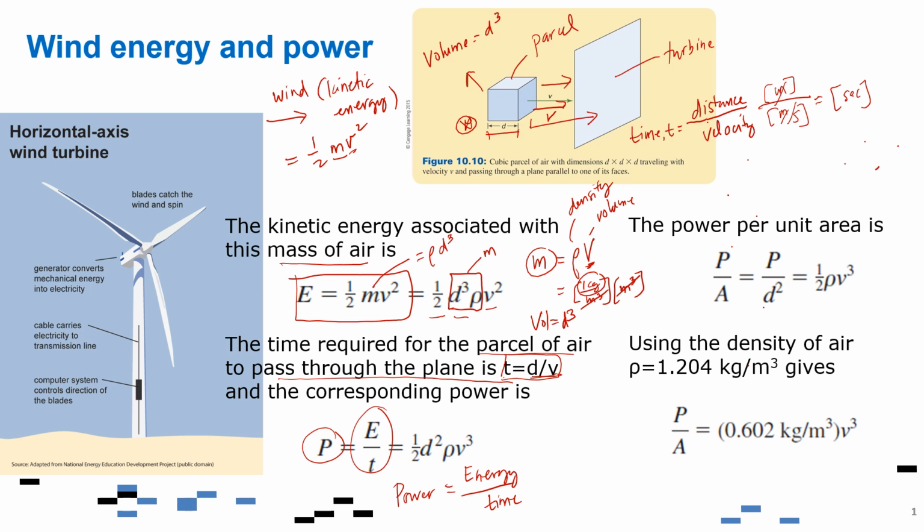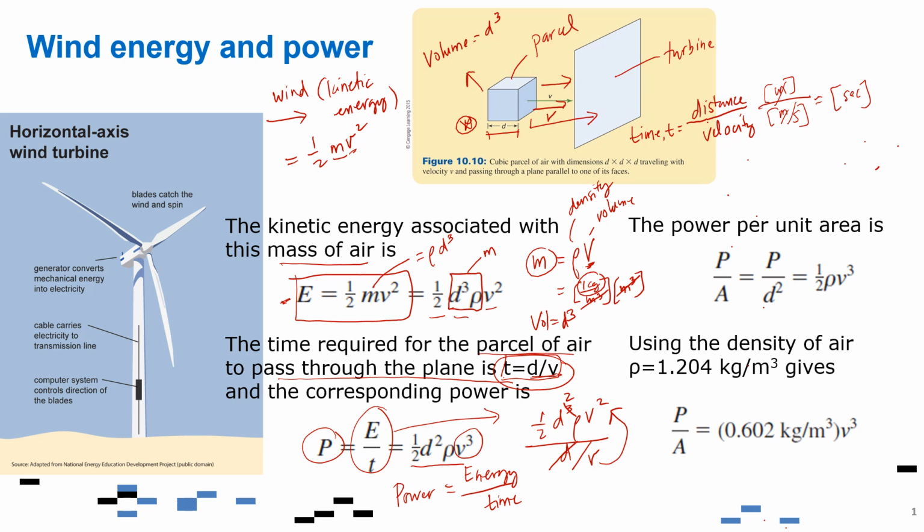If we put in the value of E from before, E is 1/2 d cubed rho v squared over T, so d over v. In that case, we can cancel the 2, and v goes up, it becomes v cubed. So power is basically 1/2 d squared rho v cubed.